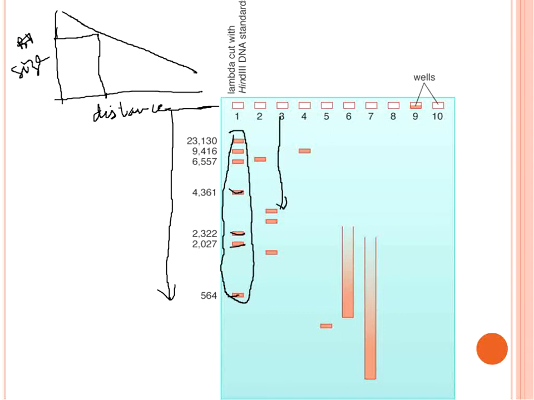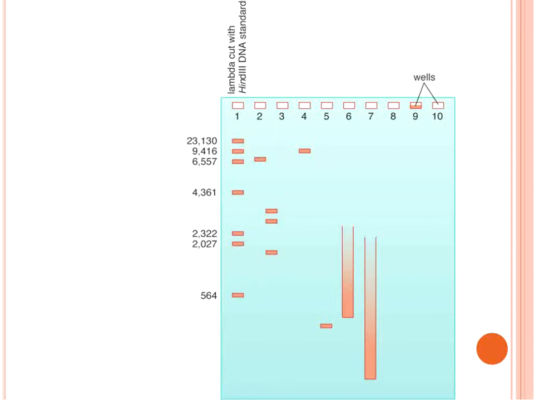So having a standard, the lambda HindIII standard, helps you to figure out the sizes of the fragments of your DNA that you're analyzing. Okay? That makes sense? Okay. So anytime you run a gel, you're going to be running a standard with it, and usually it is this lambda HindIII standard, which has 7 bands in it.